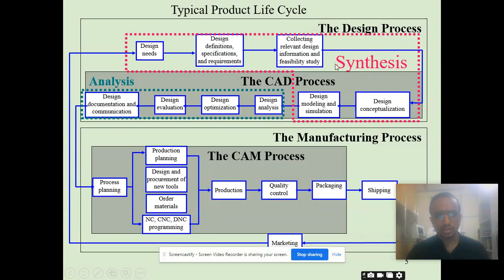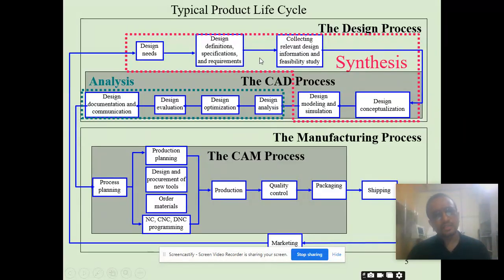In the design process, what is the starting point? For any product, the starting point is the need of the designs. Need of the designs means what? We first of all identify or recognize the needs from the market, and based upon that market, we will design our product.